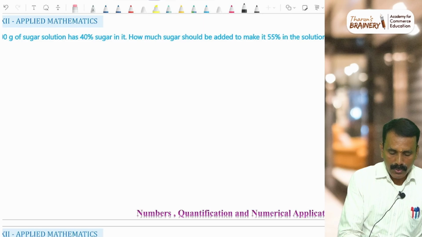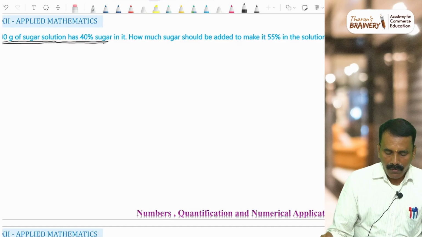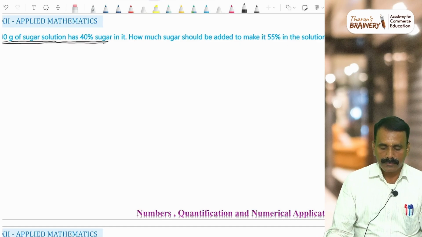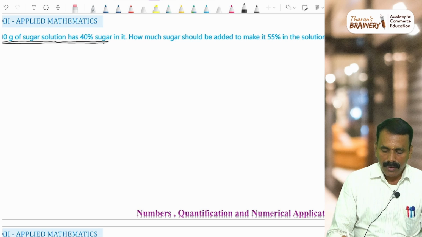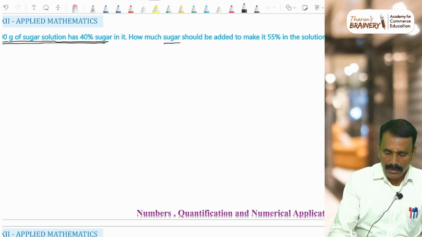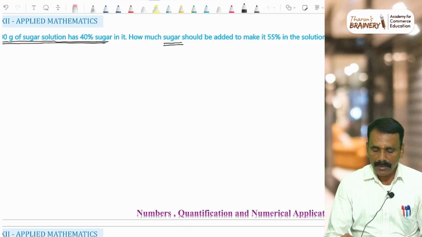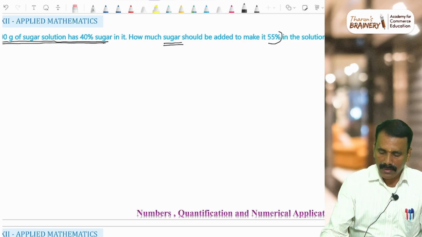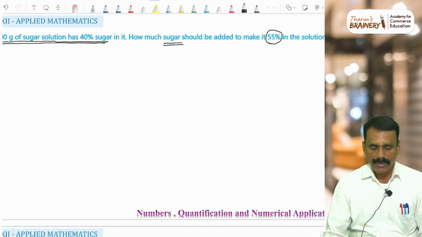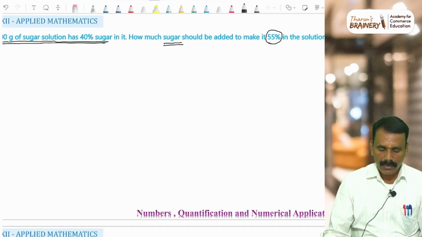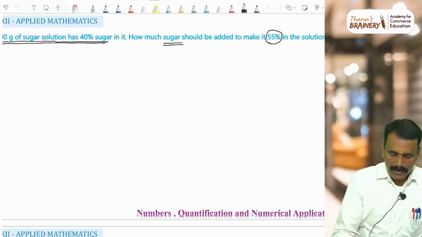In this problem, 900 gram of sugar solution. Okay, here sugar solution is going to contain 40% of sugar in it, and to that we are going to add sugar. Okay, it is not a sugar solution, it is a sugar, so that the mixture turns out to be 55%. Is it clear? So it is a sugar solution.